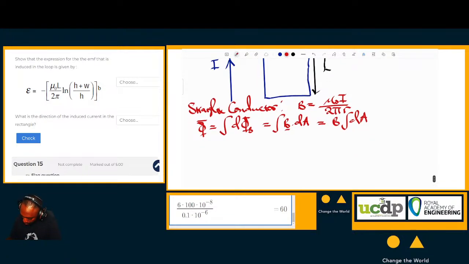So this can be equal to B, which is mu naught I L over 2 pi, integral over the entire radius. I hope you still remember this from the previous week.